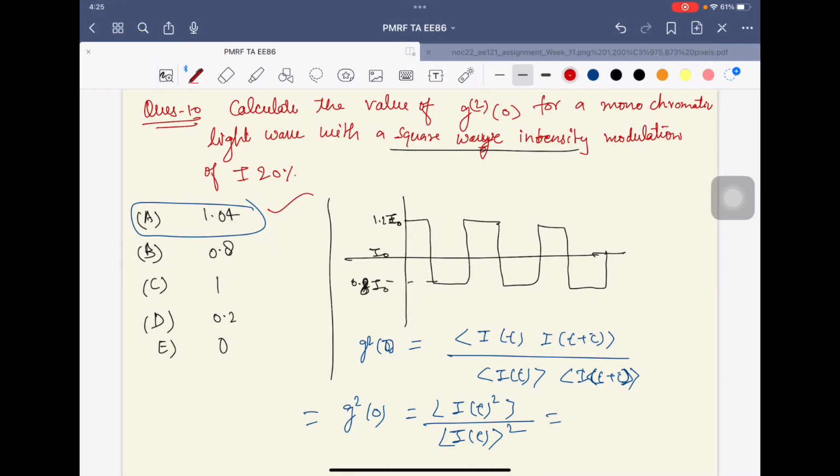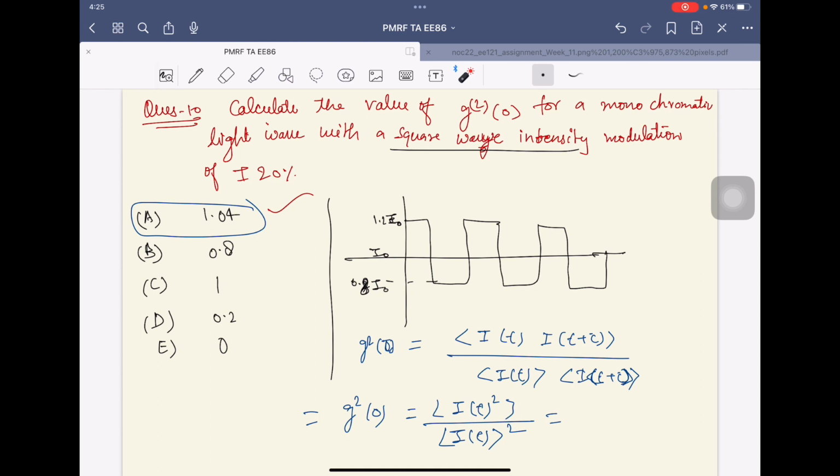So here the question is given: calculate the value of G20 for a monochromatic light wave with a square wave intensity modulation of plus minus 20%. Here 1.04 is the right answer, but how?